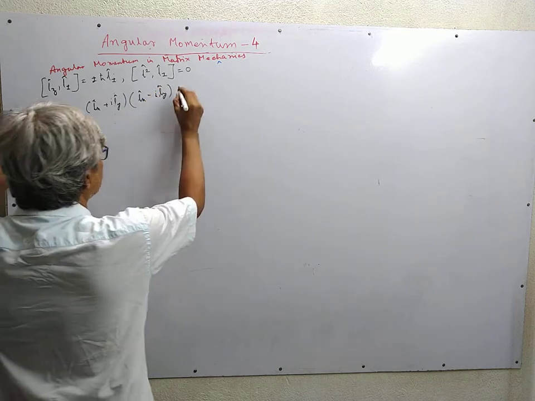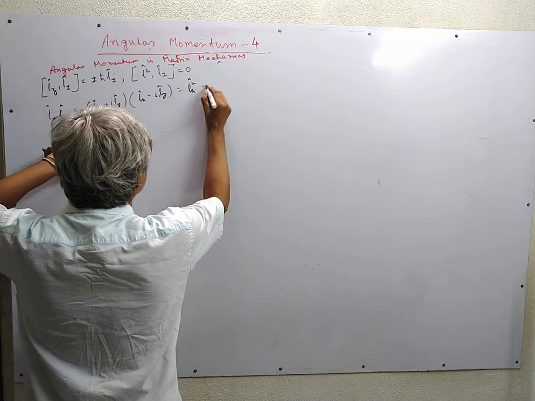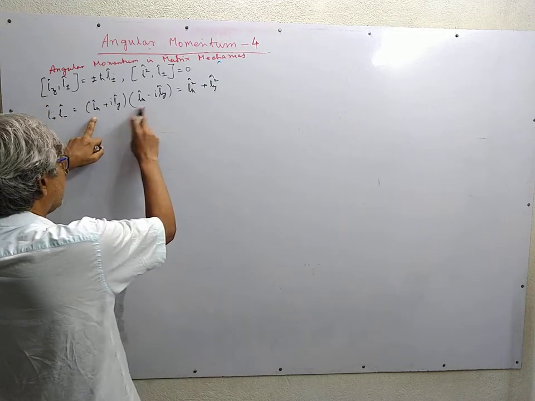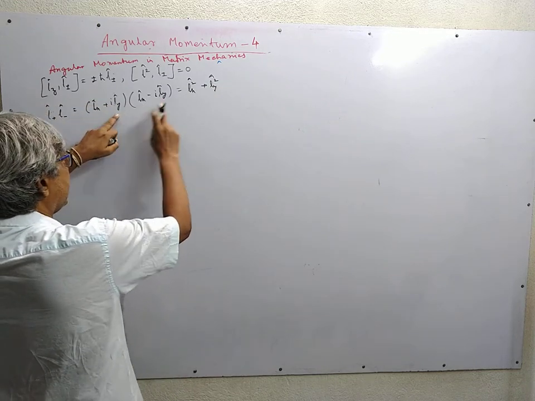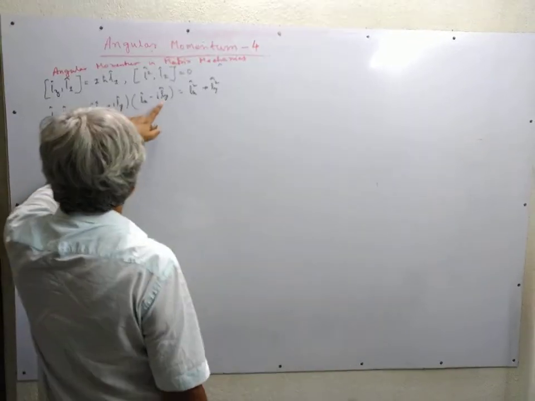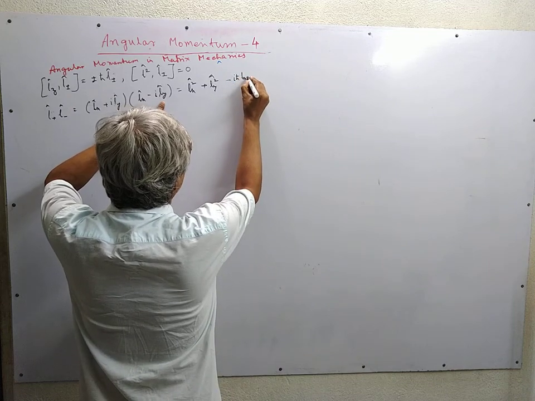This is equal to Lx² + Ly². Lx² comes from when this is multiplied by this, and Ly² comes from here, and then we have i Ly Lx − i Lx Ly.